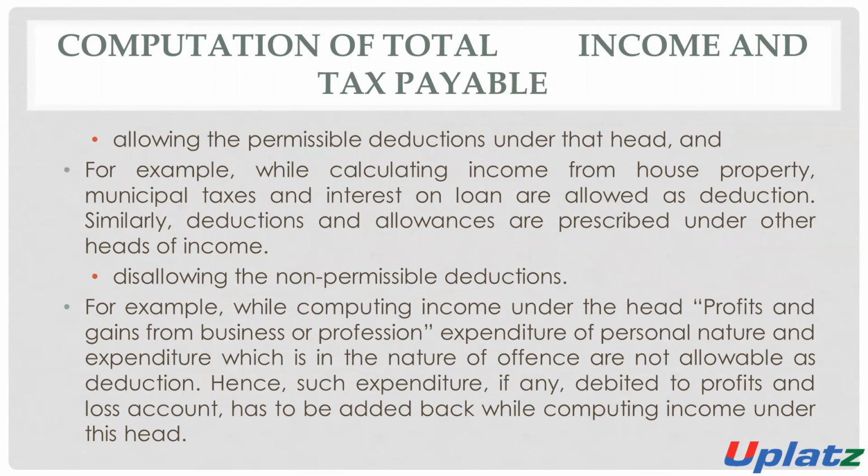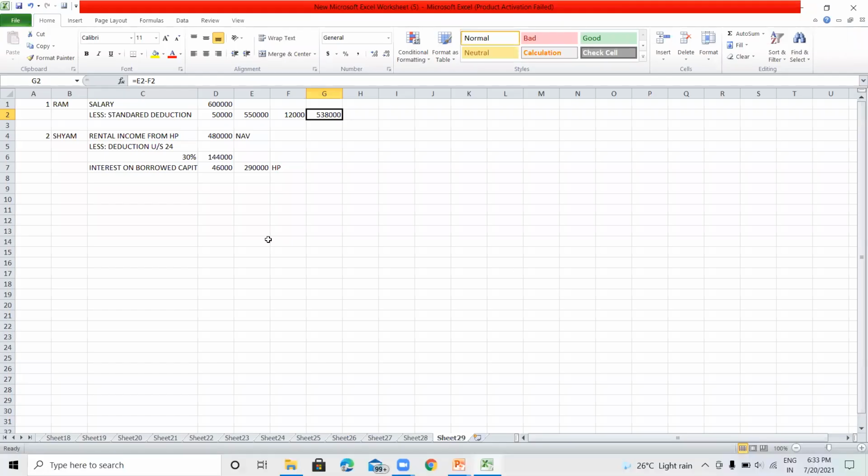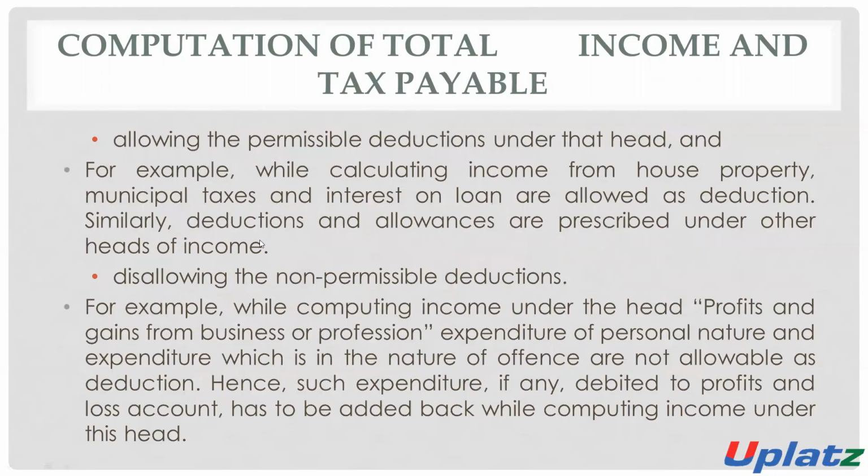Just for example, we are calculating the house property income, and from the house property income we will provide a reduction of interest on borrowed capital or municipal tax deduction.